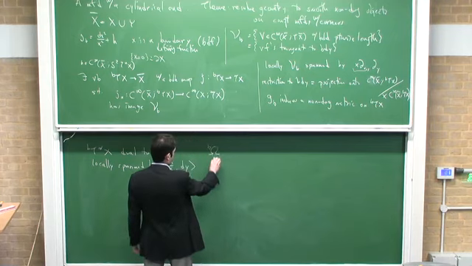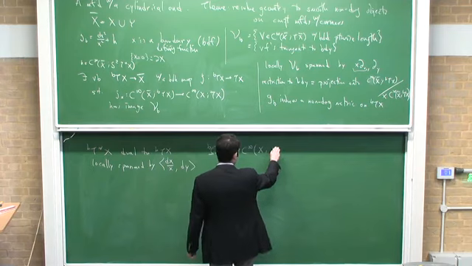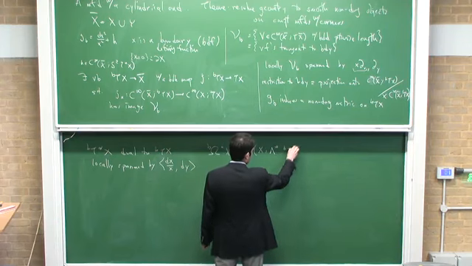Differential forms. So a B differential form, we use this notation to denote smooth sections of exterior powers of the B cotangent bundle.